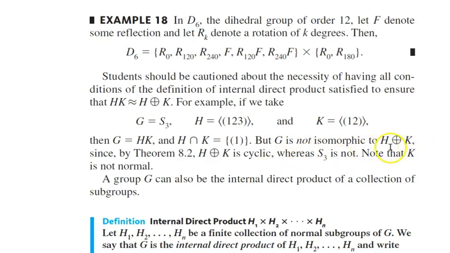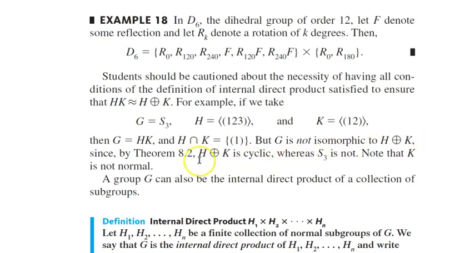since the external direct product is cyclic, because H and K each is a cyclic group, this of order 3 and this of order 2. 2 and 3 are relatively prime, so the result is a cyclic group of order 6. Whereas S3 is not cyclic, it is not abelian.